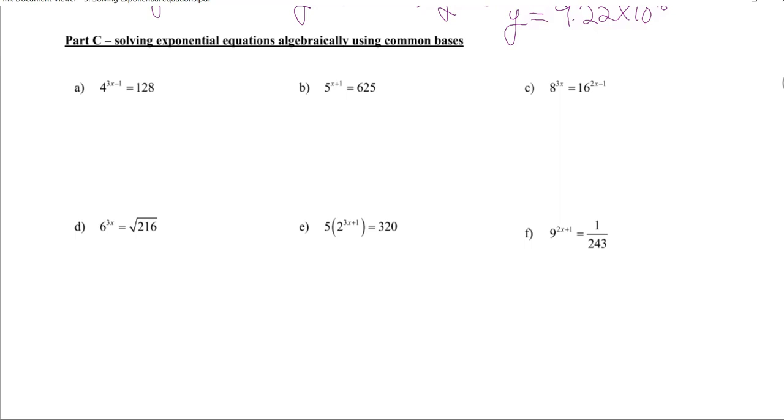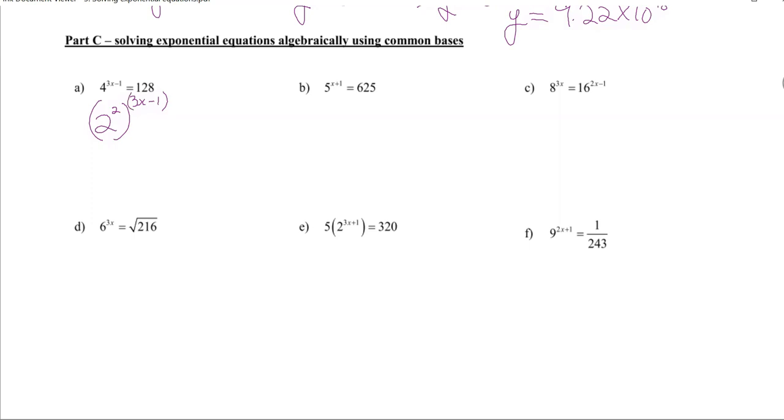2. And 128 is also a power of 2. So we're going to write everything with a common base, which is going to be 2. So 4 becomes 2 squared, to the 3x minus 1.